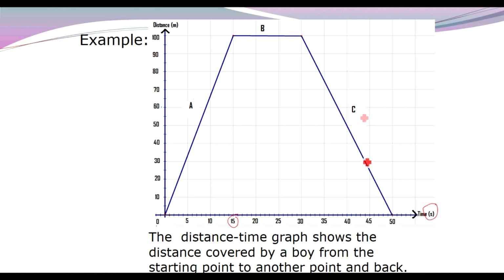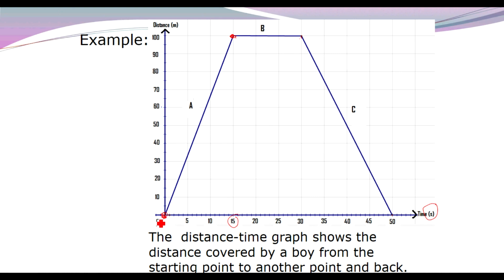gradient. From this point to this point there is a value of gradient, here to here a value of gradient, and here to here a value of gradient. Because the question asks about the first 15 seconds, you take this point and this point.